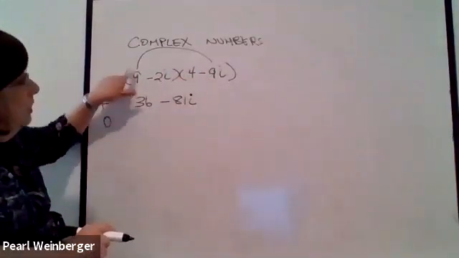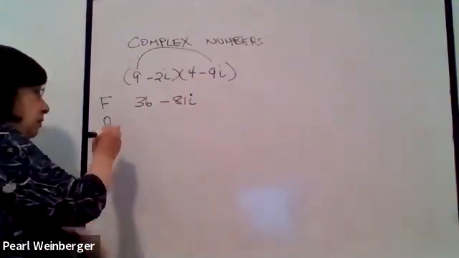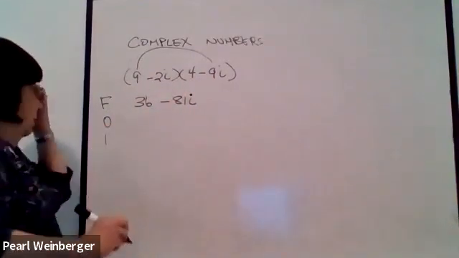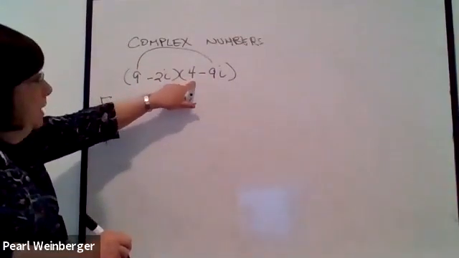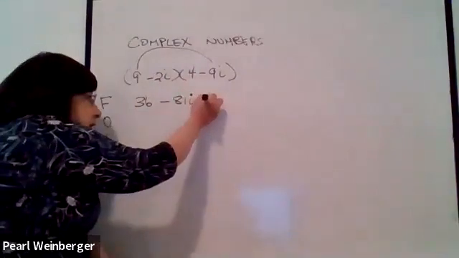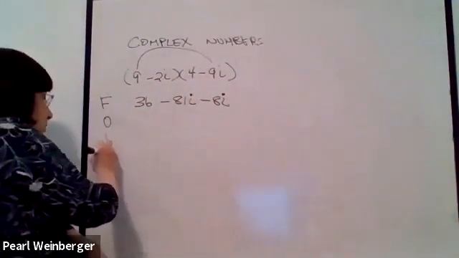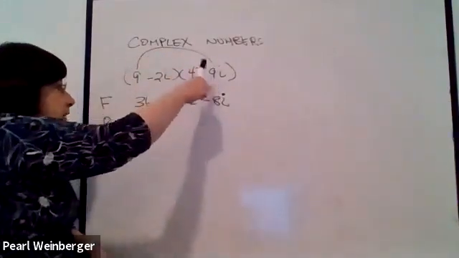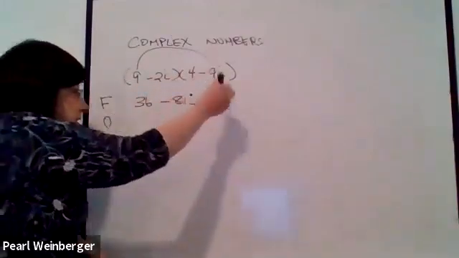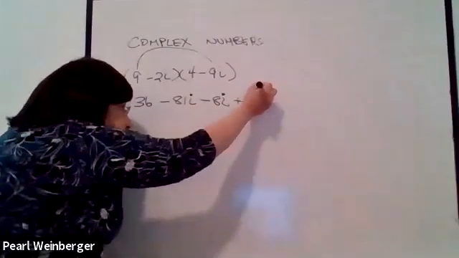Inner, -2i times +4 is -8i. And last is -2i times -9i. So -2 times -9 is +18, and i times i is i squared.